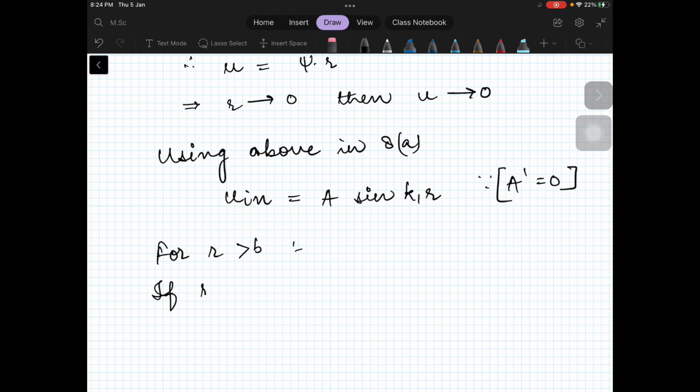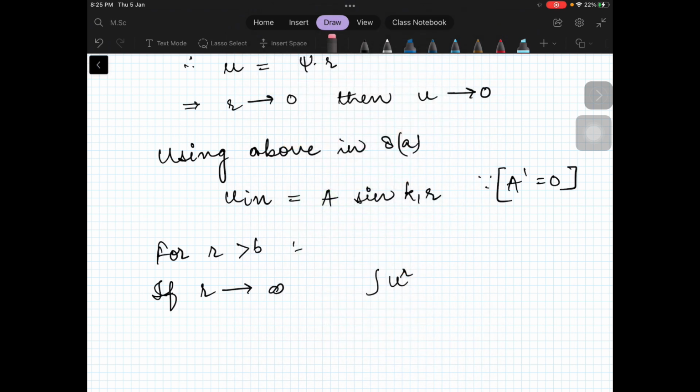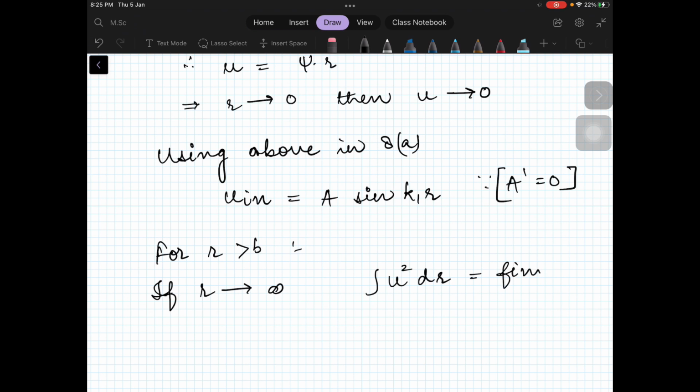If r tends to infinity, now we know that the wave function has to be finite everywhere, it has to be square integrable, that is integration of u square dr has to be finite. So in order for it to be finite, if r tends to infinity, then u has to tend to 0.